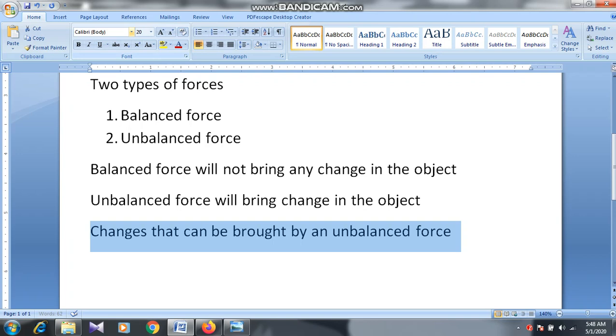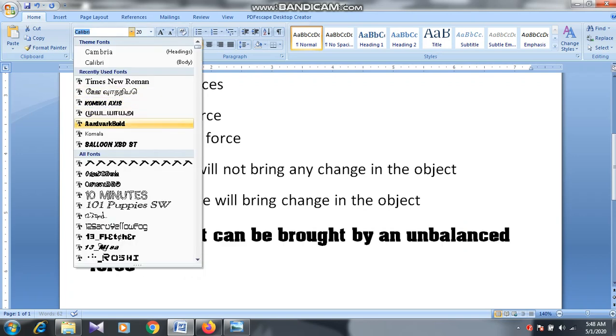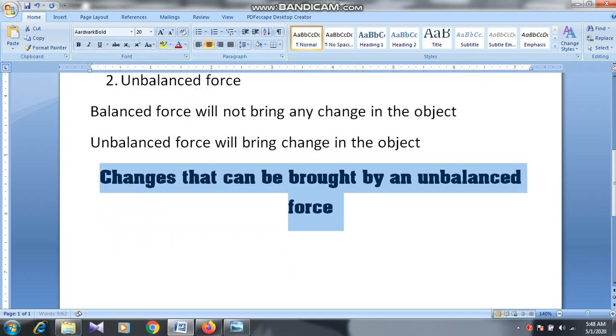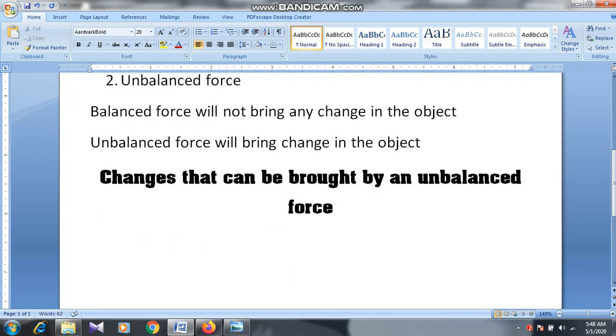One by one. It can move a resting object, that is, an object staying without moving. If you apply an unbalanced force only, it will move.